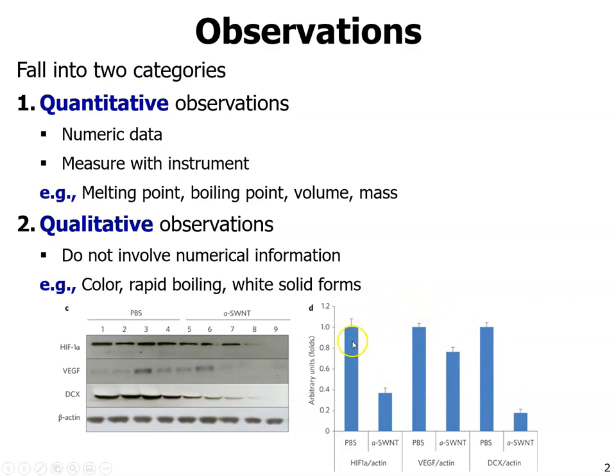And we can also do some statistical analyses when we do this. So sometimes you can take qualitative observations and turn them into quantitative observations, so we can use some mathematical principles on those. But that's just the introduction of the types of observations that chemists typically make.